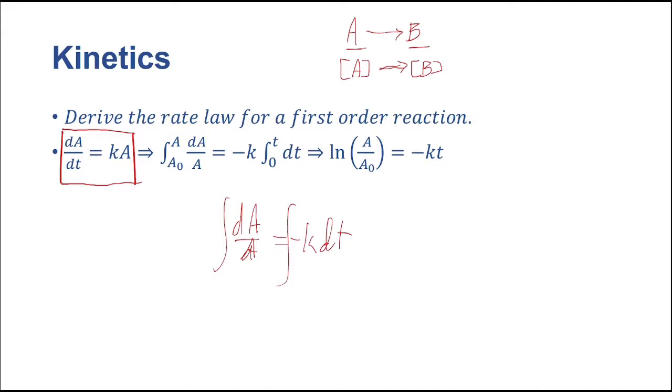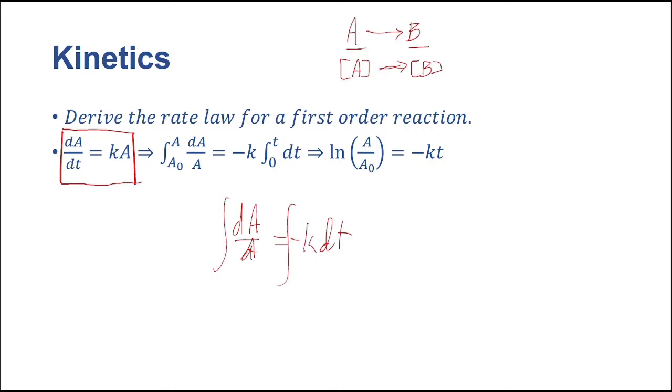But we also need to find our bounds, so we're going to set arbitrary bounds. We're going to go between an initial concentration of A and a final concentration of A, so between A naught and A. We're integrating dA over A, and that's equal to negative k, the rate constant, times the integral between some initial time 0 and some final time t of dt. Of course, that's pretty easy. We just get the natural log here.